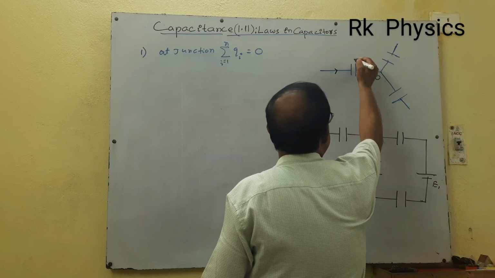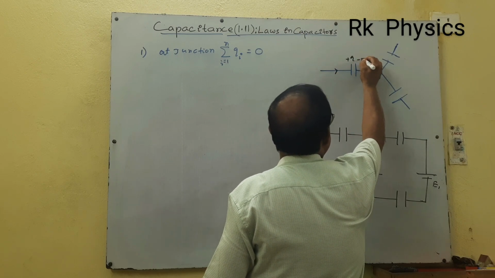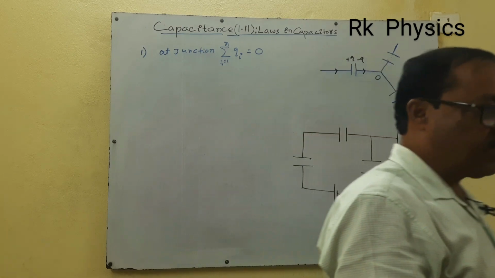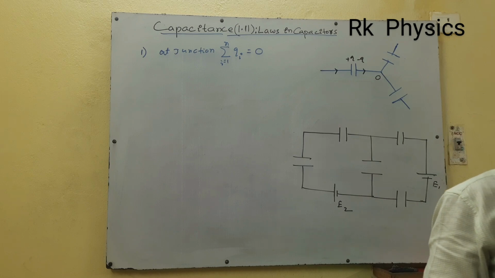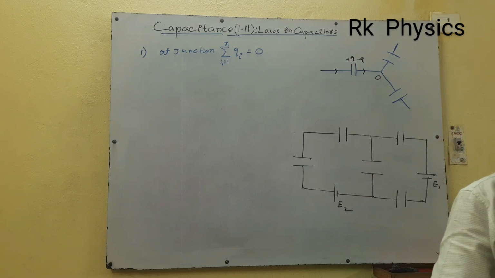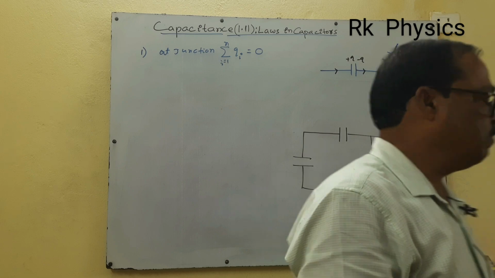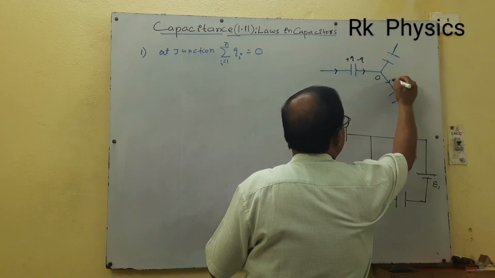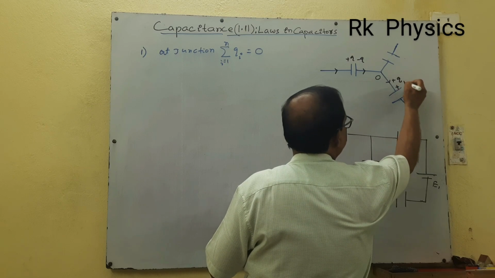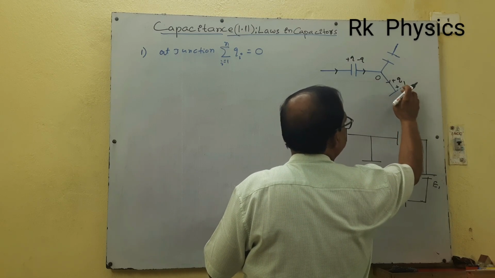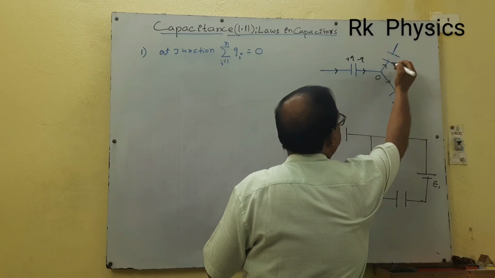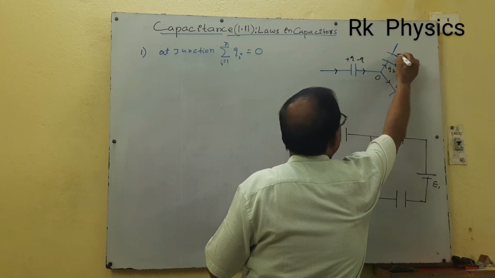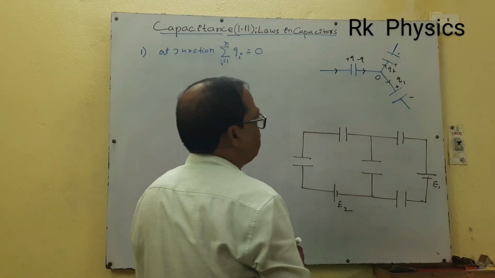Here charge plus Q, minus Q enters the junction. Then minus Q charge comes to the junction along one direction. Suppose charge flows, this is plus, and in another direction charge is again plus, so this is minus, minus.